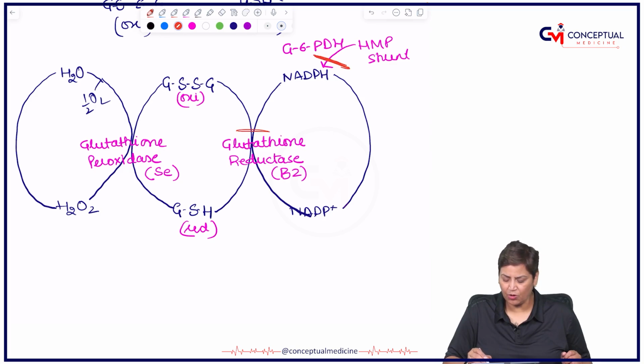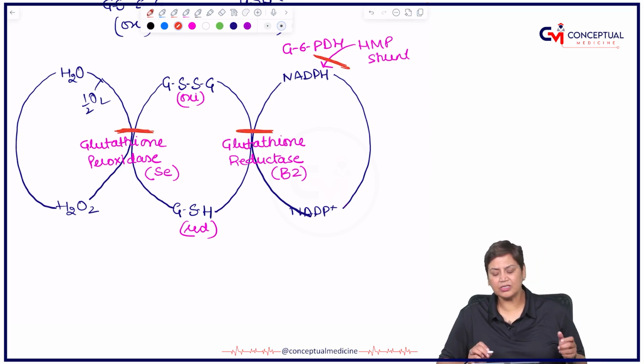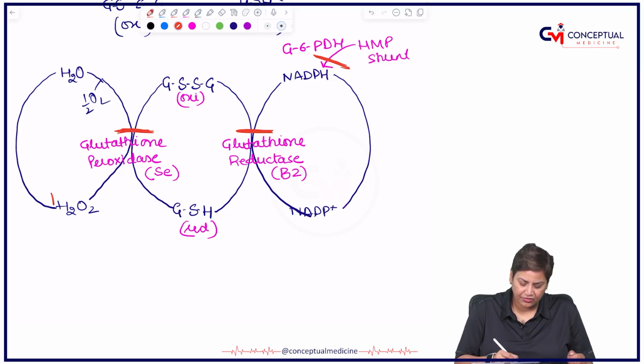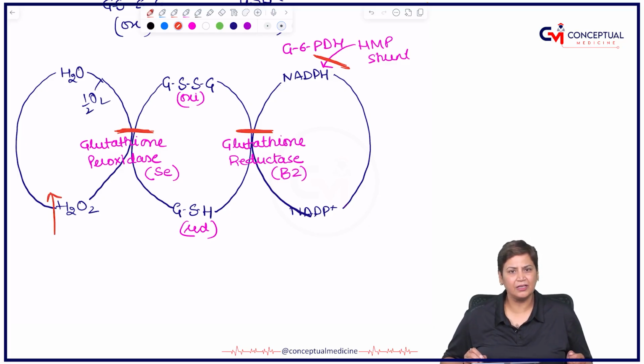This reaction will be blocked, because the enzyme which generates NADPH is not functioning. If NADPH is not produced, glutathione will not be converted into its reduced form. If glutathione is not reduced, there will be an increased concentration of hydrogen peroxide. That is exactly what happens.